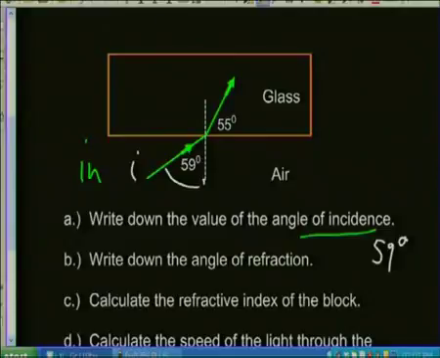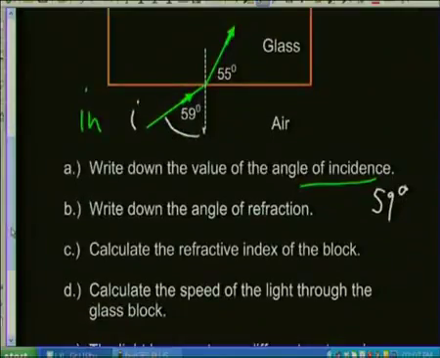Now, the second question tells us to write down the angle of refraction. Well, here we need to be very clear. When it's moving from air into glass, we recognize it is slowing down. So the beam bends towards the normal. The refractive index of glass is bigger than the refractive index of air.